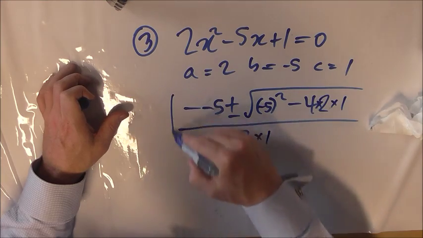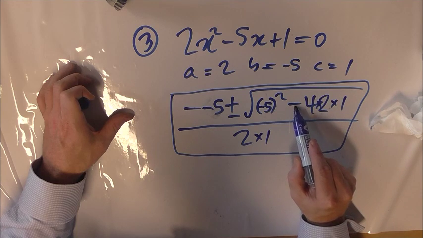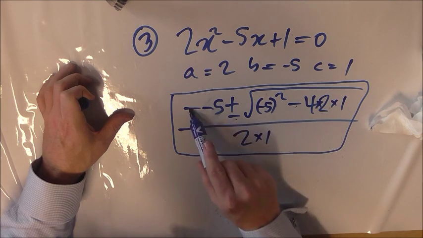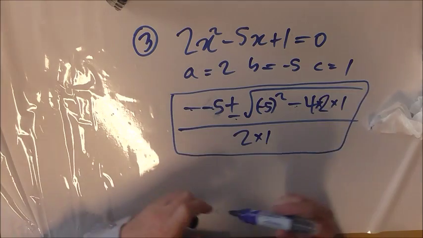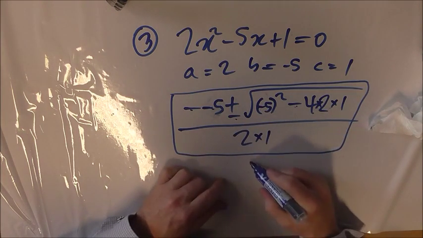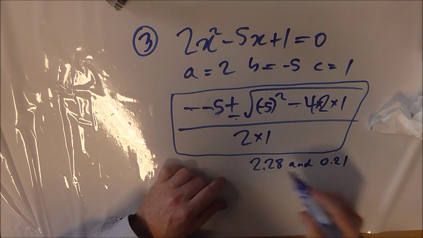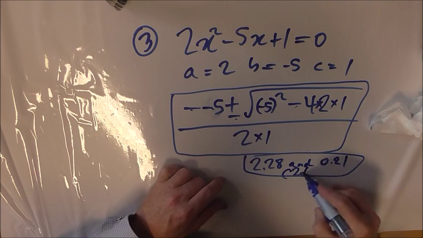You type that out literally as it appears on the calculator screen. You need minuses for these and negatives for those, and you do it twice, once with the plus there, again with a negative there, and you get two answers. I think it's 2.28 and 0.21 to 2 decimal places.